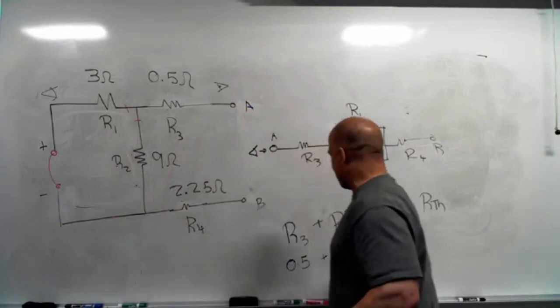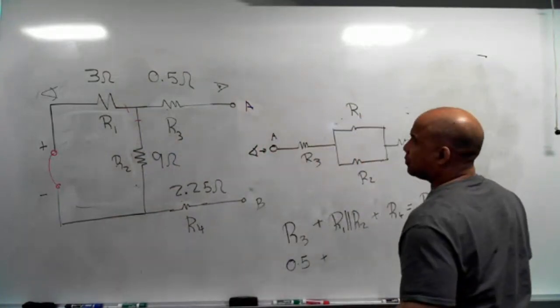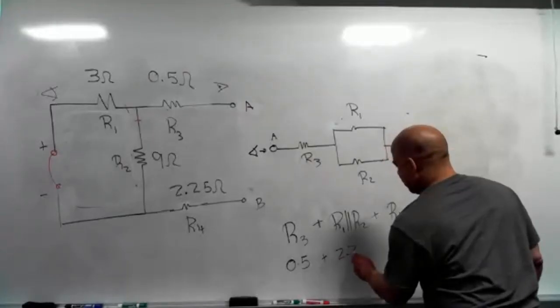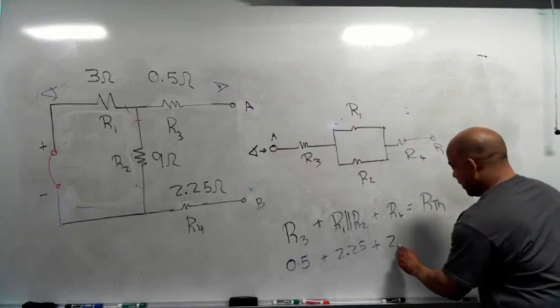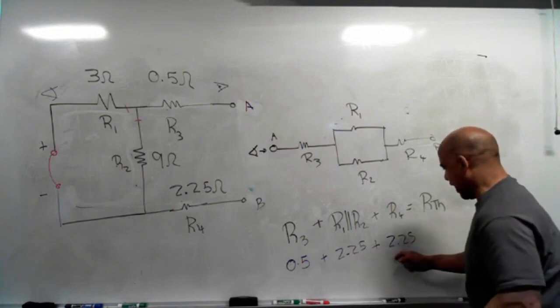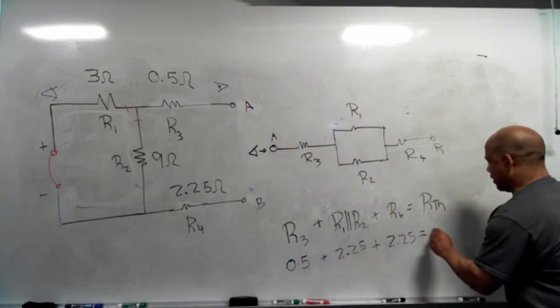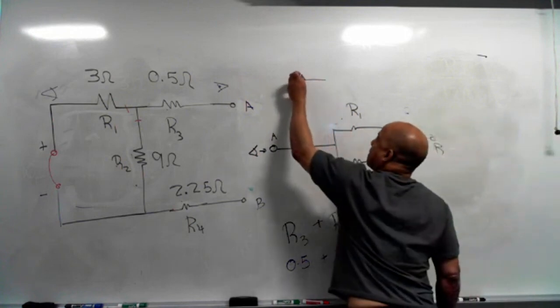How much is that? 9 parallel 3. Anybody? 9 parallel 3 was 2.25. R4 is another 2.25. So if I add, that'll give me 5. So RTH is 5.